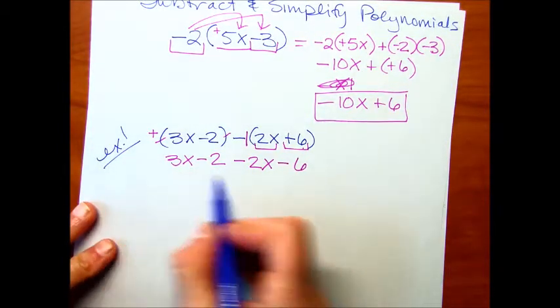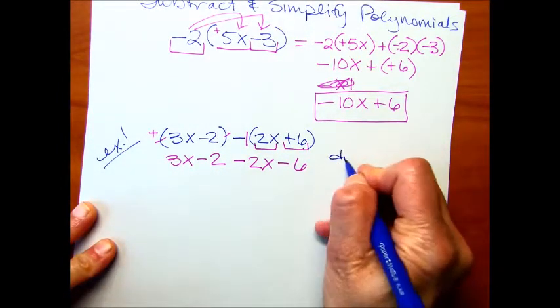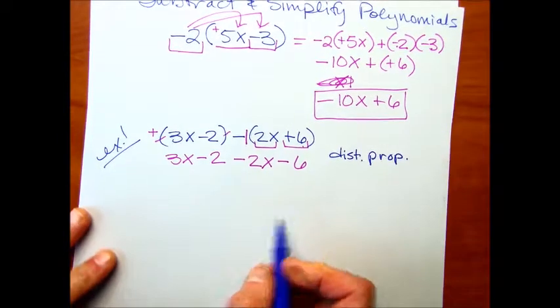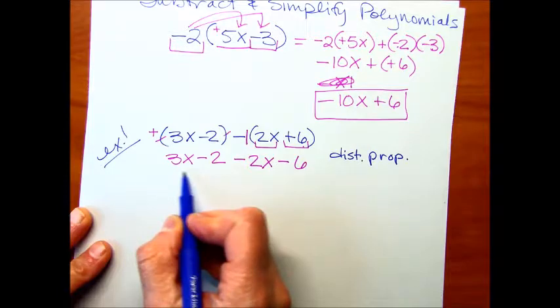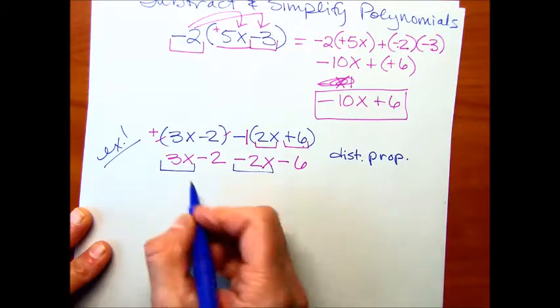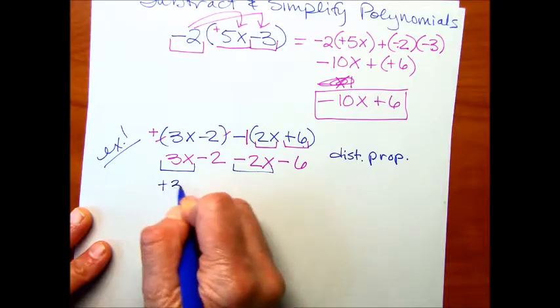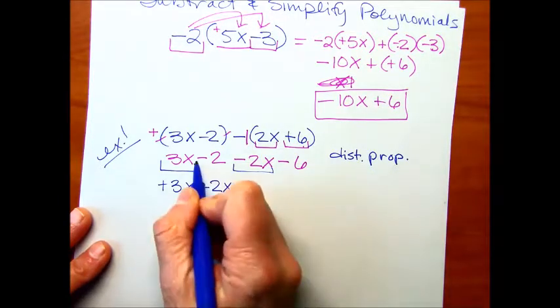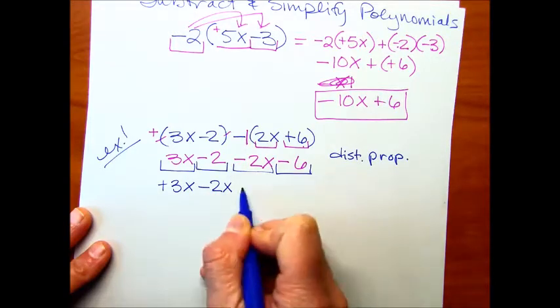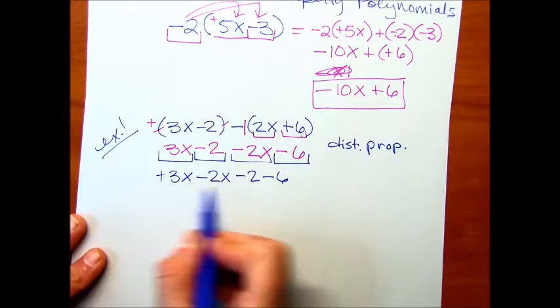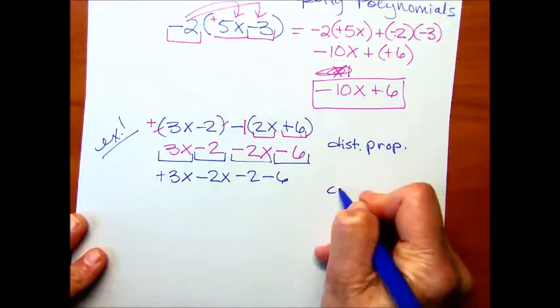So now, once we've done the distributive property, and that's what we just did, now we're going to combine like terms. Here I have a positive 3x and a -2x, so positive 3x minus 2x, and then a -2 and a -6. Okay, now we can do our combining.